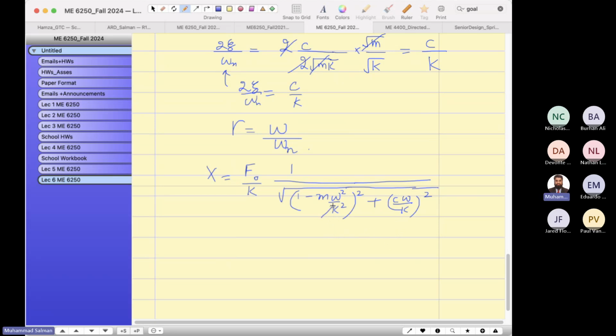And you see, this can be further simplified by omega squared over, this is not squared, this is k over m.